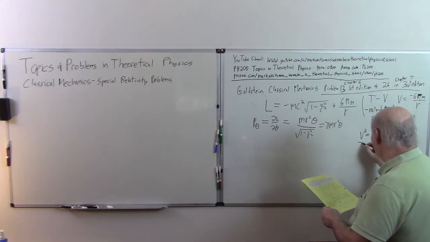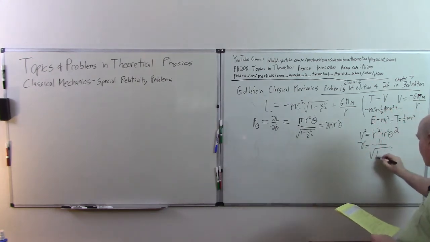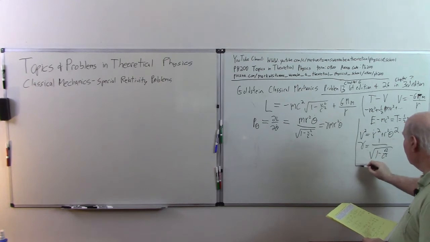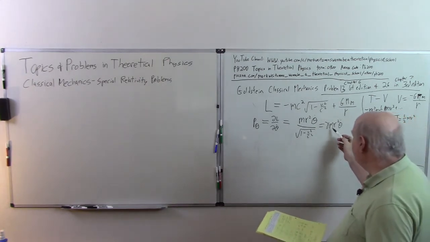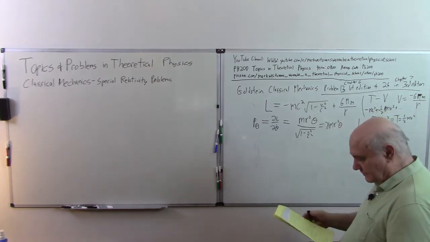So as usual, gamma is 1 over the square root of 1 minus v squared over c squared. These are definitions and everything. So this is the usual angular momentum, except it's got a gamma factor.